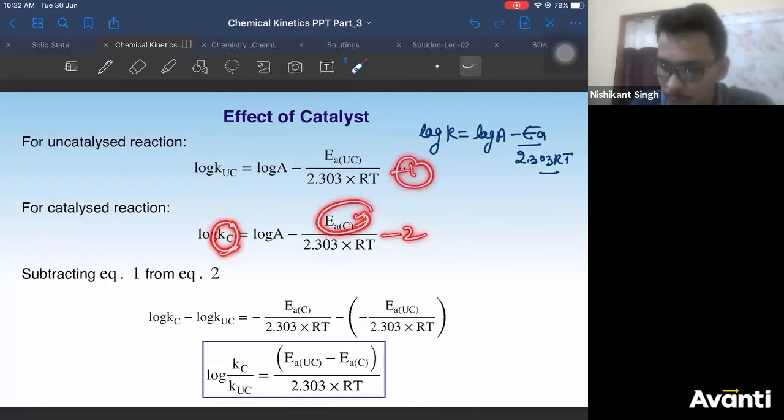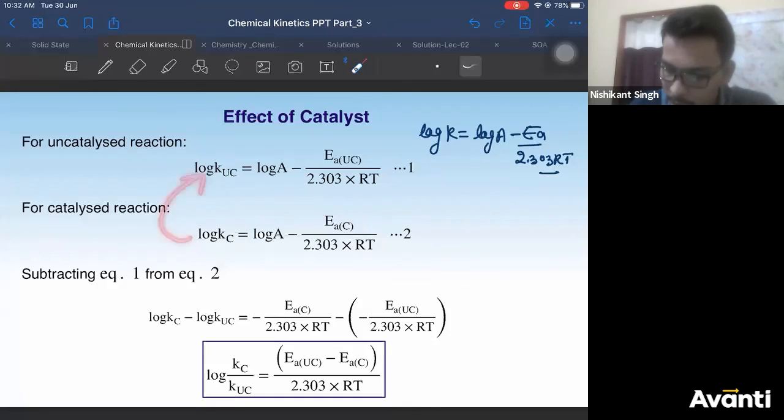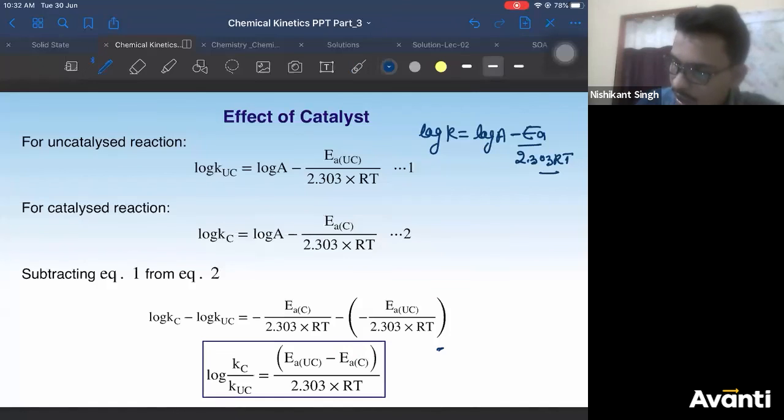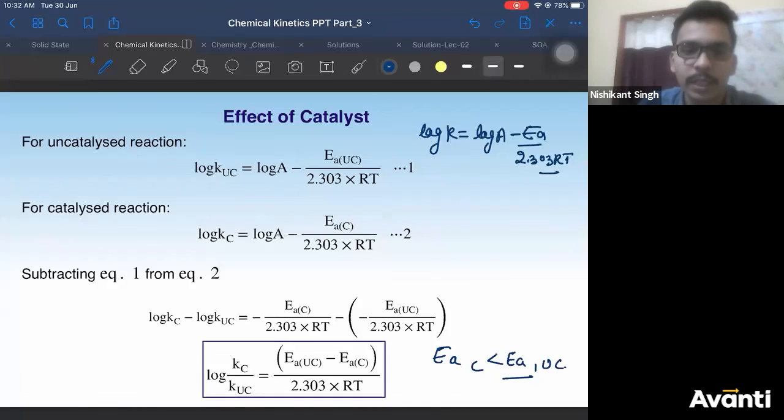Now you subtract the two equations. Log K2 minus log K1. Log A will get cancelled. So 1 by 2.303 RT will be common, and you'll get Ea of uncatalyzed minus Ea of catalyzed.